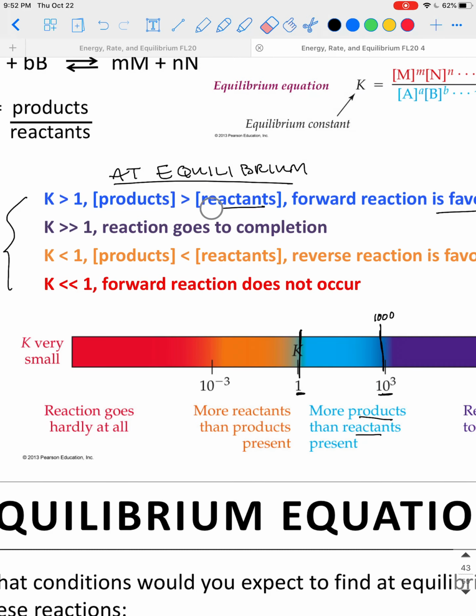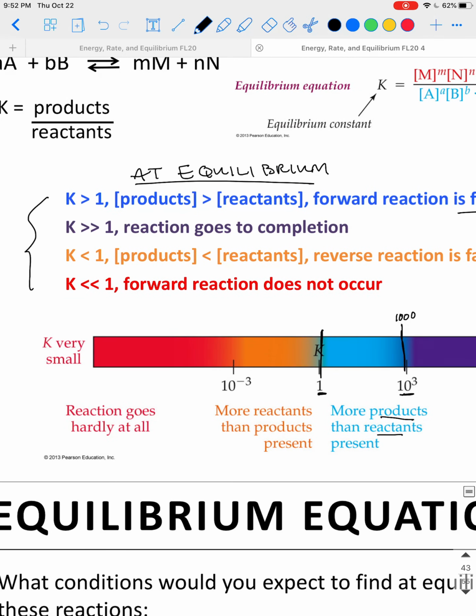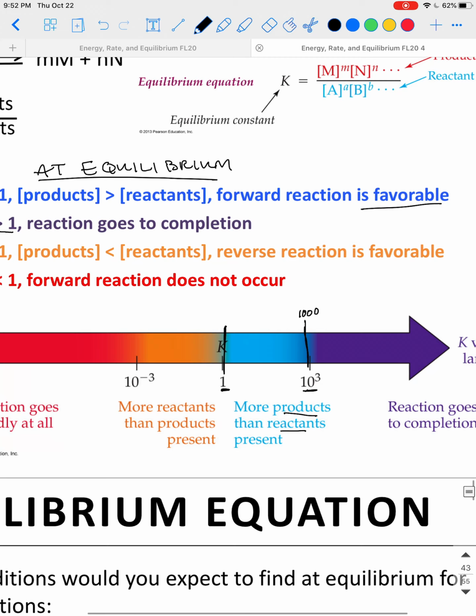Now, if we read the purple statement, if K is much, much greater than 1, the reaction goes to completion. And still, the forward reaction is favorable.